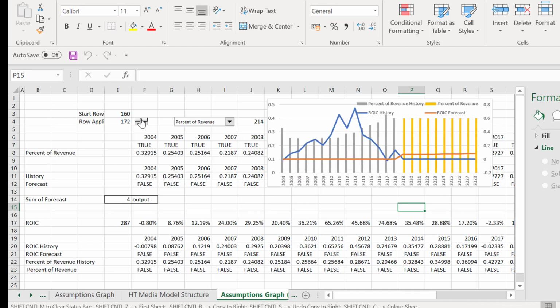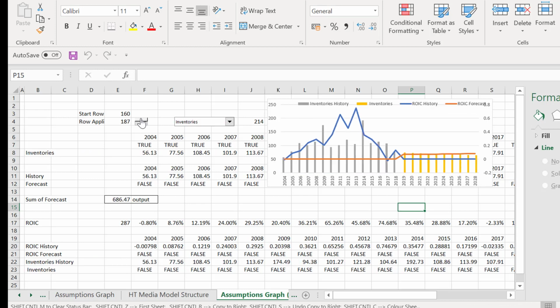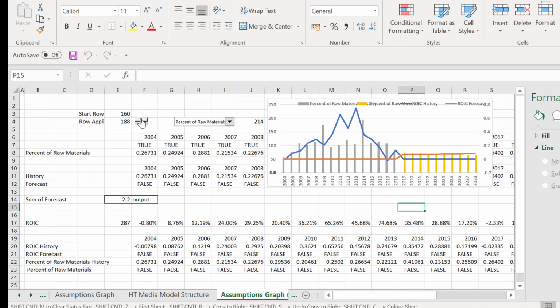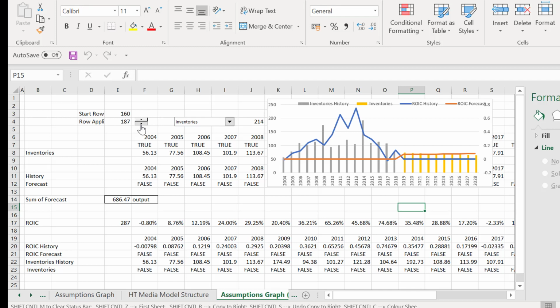I think it's okay. We need a title on this. This was the capital expenditures. That wasn't it. Inventories too. This was just the historic amount of the inventories.